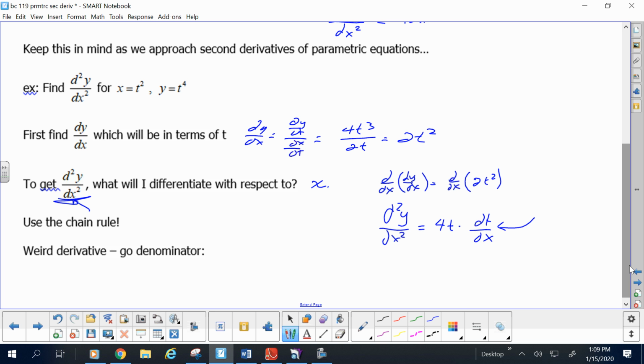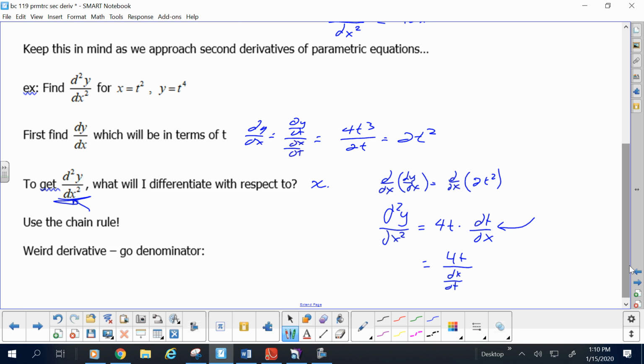We don't really usually take the derivative of t with respect to x. We take the derivative of x with respect to t. It's far more common that you would say, well, that would be the same as if I had dx/dt in the denominator. Isn't dt/dx in the numerator the same as dx/dt in the denominator?